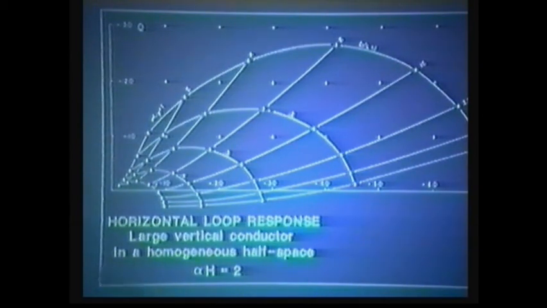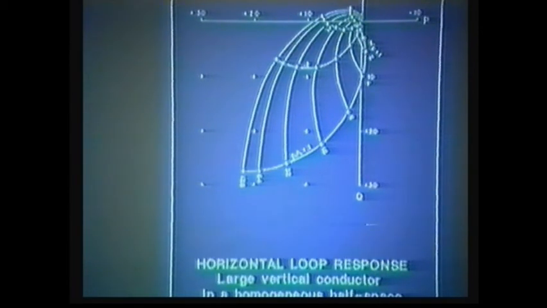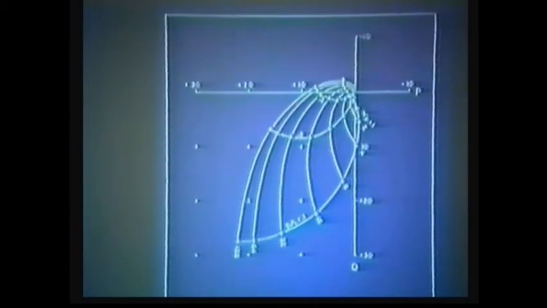The whole diagram starts to rotate counterclockwise. As the ground gets more and more conductive, it starts to rotate clockwise again, until finally, as the ground gets very conductive, the signals have become much smaller and the phases are completely altered as a result of the galvanic current component.